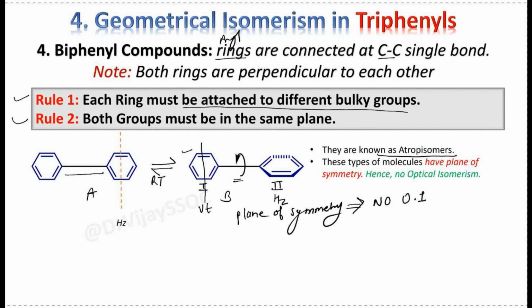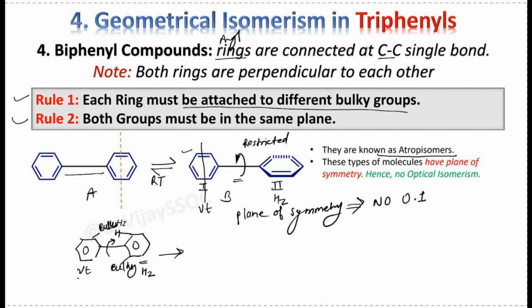Now if we want to restrict the rotation around this bond, we need to put some bulky group at the ortho position, so that it can hinder the rotation around this carbon-carbon single bond. Similarly, this ring must have a bulky group as well to stop this rotation. Once you stop this rotation, this ring in the vertical plane gets locked, and hence you can't give further rotation.